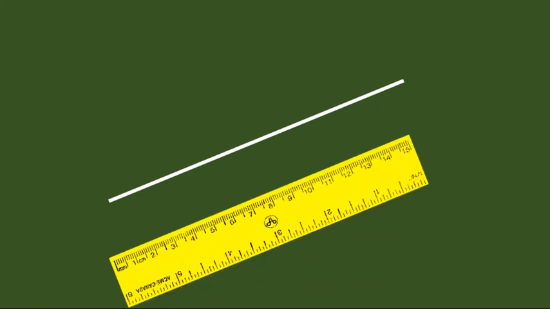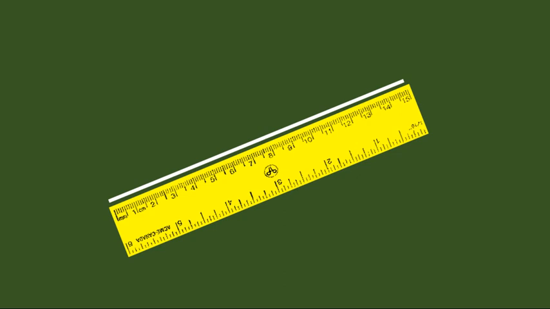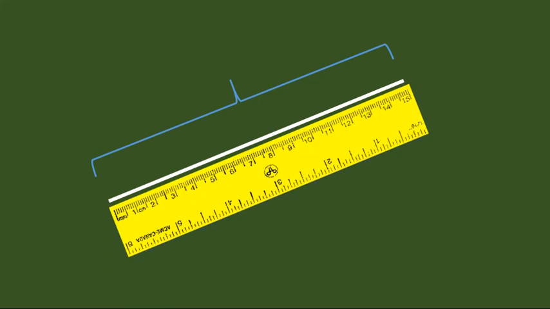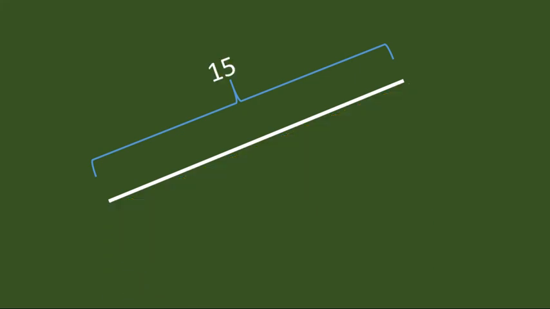Suppose if you want to measure this length of a line, what do we have to do? We have to take a scale, and then we keep the scale just beside the line and see both the ends. It starts from 0 to 15, and we say that, okay, the length is, how much? 15.